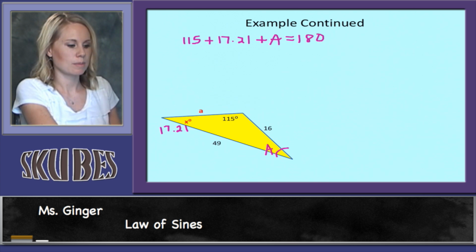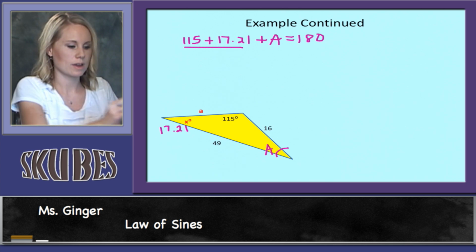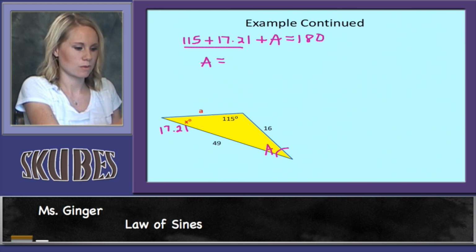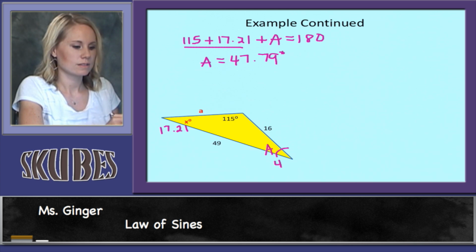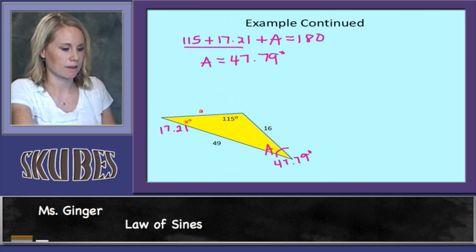So if you'll take the sum here and then subtract it from 180, that will get you angle A. So he is approximately 47.79 degrees. And as you're finding these, it's never a bad idea to go ahead and label it in your triangle so you can see exactly what you have.